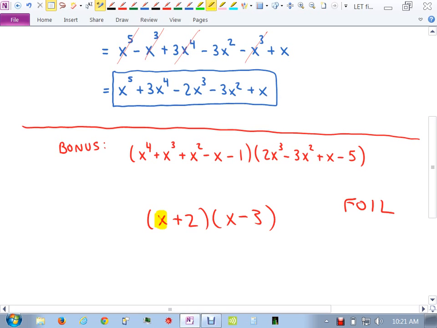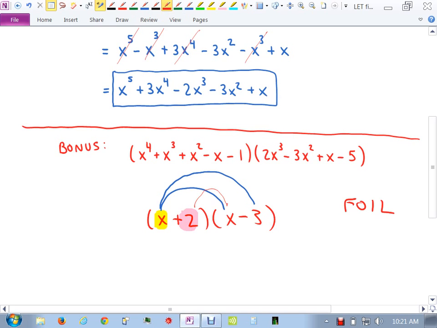Check this out. If we do our procedure, right, the one I'm showing you, you start with the x and you multiply the x times the first thing over here, right? Well, isn't that f? Isn't that first terms? Okay, and then in what I'm showing you, then do this, right? But isn't that now outer? And then if you follow what I've shown you, the 2's next, and the 2 gets distributed through.